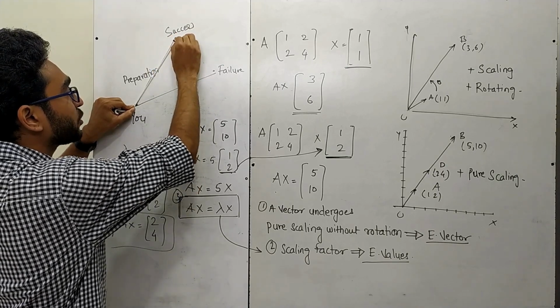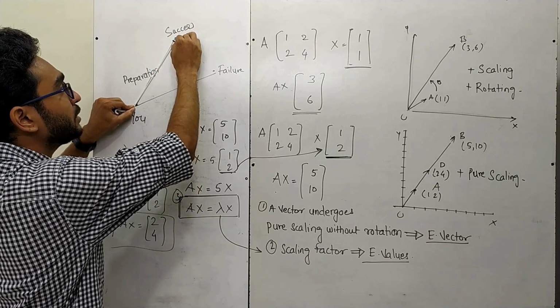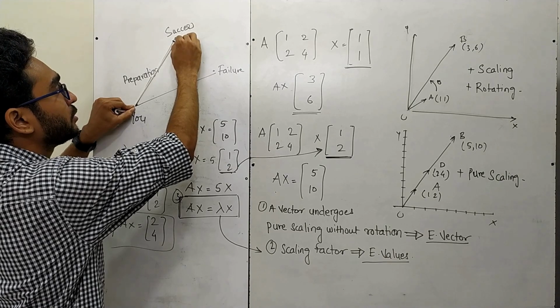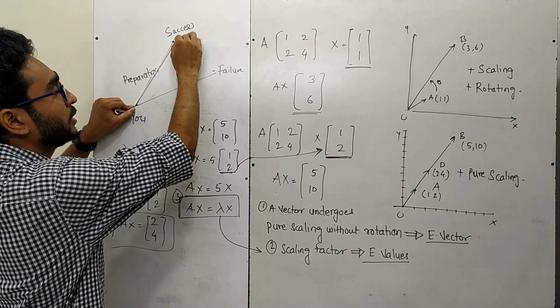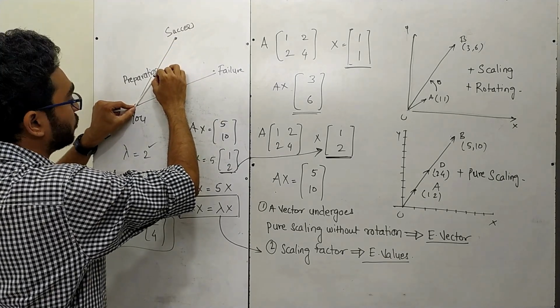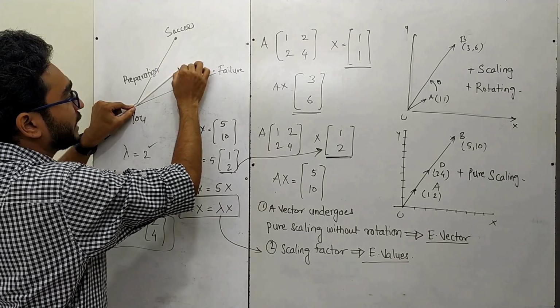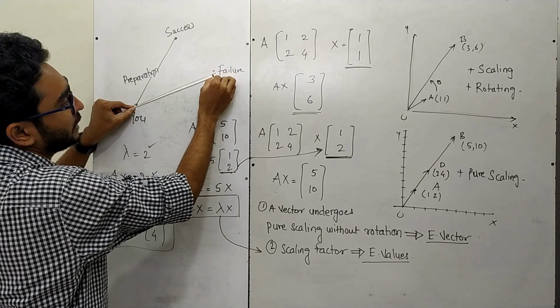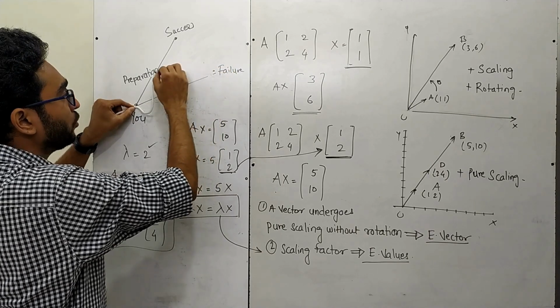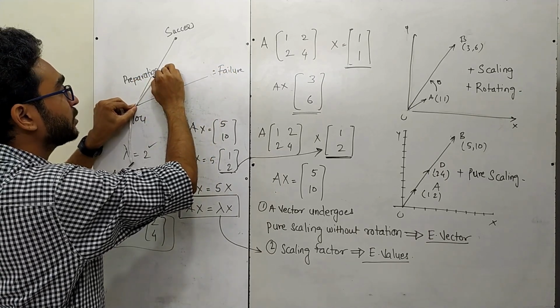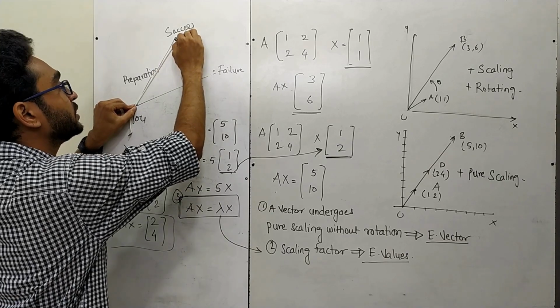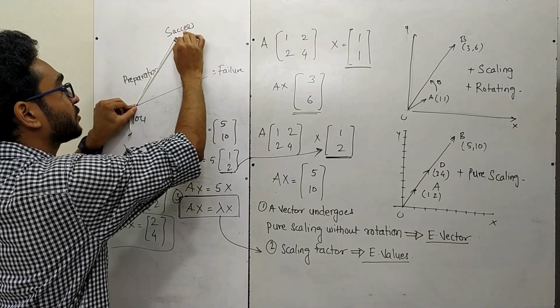Scaling your preparation with a proper direction will lead you towards success. But even if you enhance or scale your preparation, if somewhere you diverted from the exact preparation, you will meet failure. So be an eigenvector, scale your preparation without diverting, and you will get success.